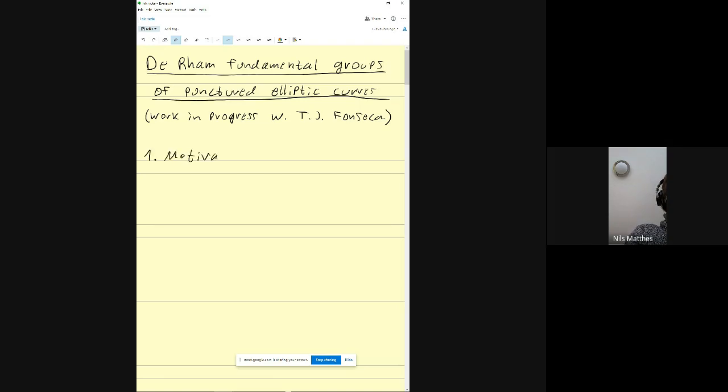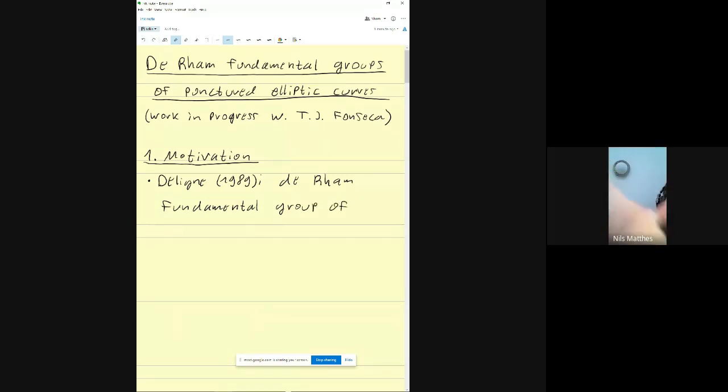All right. So I would like to start with some motivation for this project with Tiago. The motivation goes back to a very influential paper that many of you, if not all, will probably know. So Deligne, in 1989, in his paper on the fundamental group of P1 minus 3 points, defined the de Rham fundamental group of the projective line minus 3 points, 0, 1, and infinity.